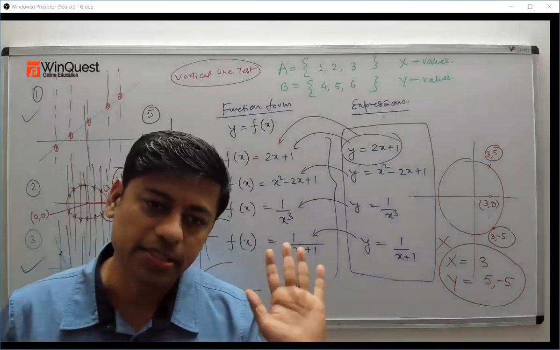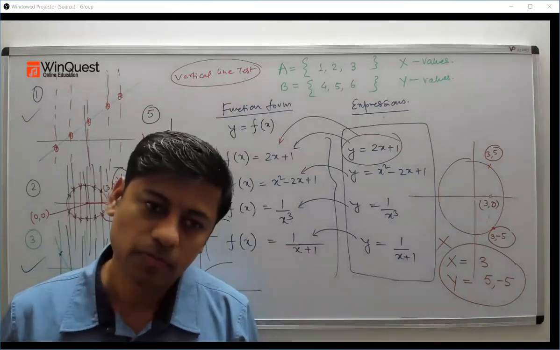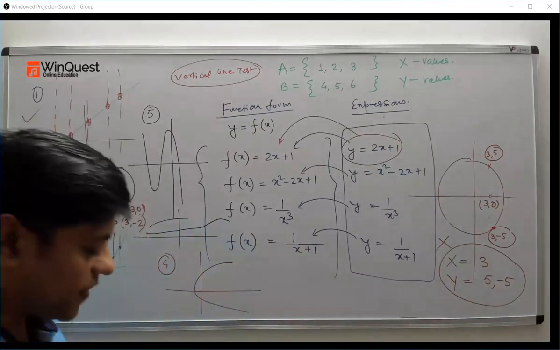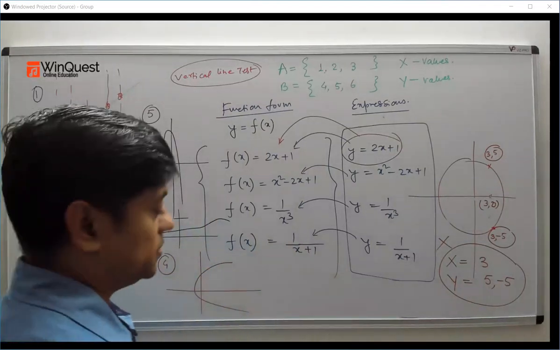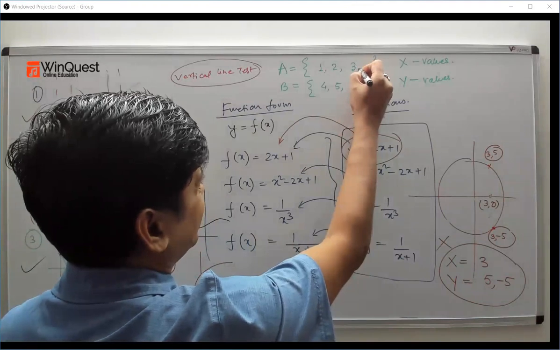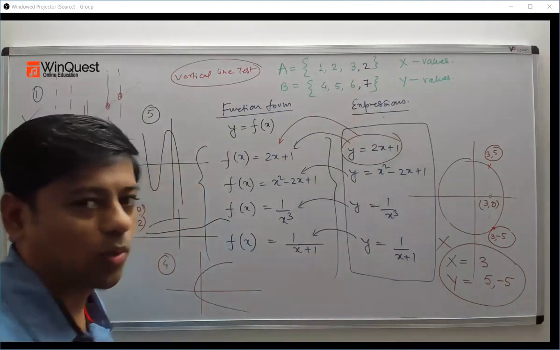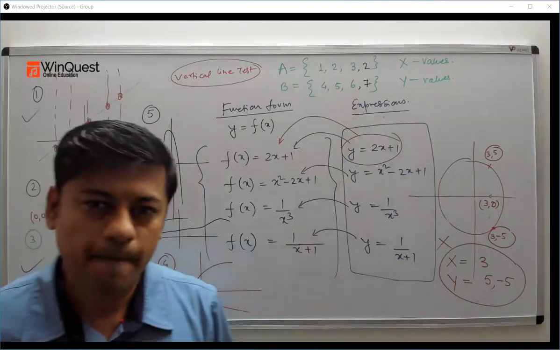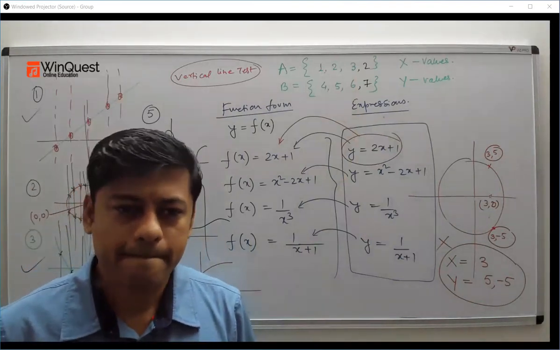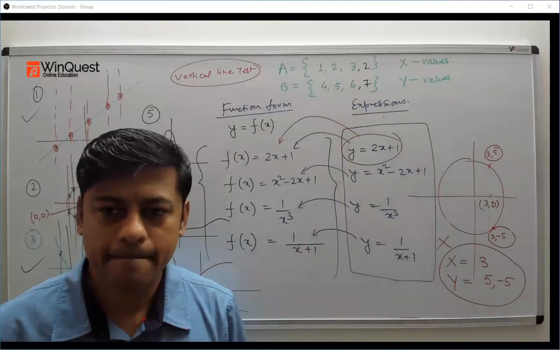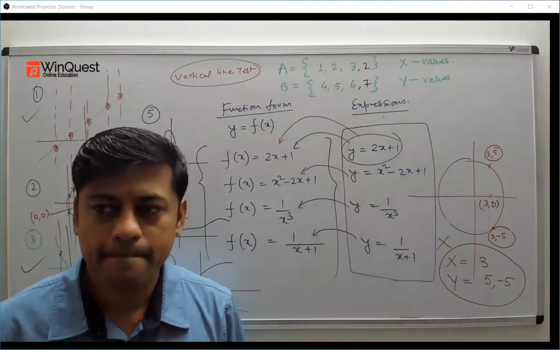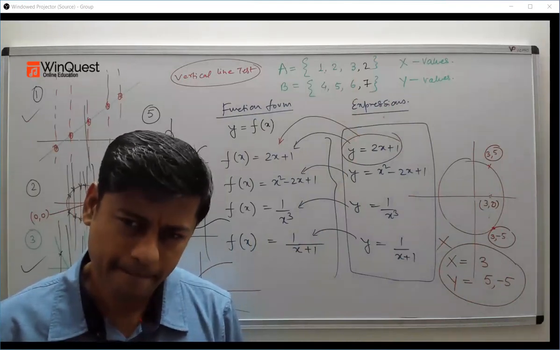No. We can say this is a function. Now, if I say this is 2 and this is 7, what will happen? It won't be a function because there are two repeats; two of the x values are the same.